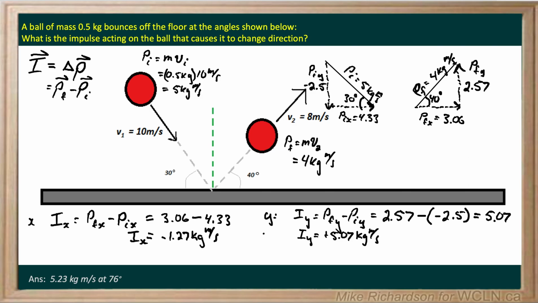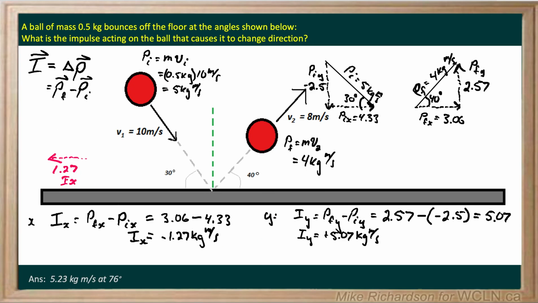Now, once we have the components with the component method, the last step's always the same. We put our components together tip to tail, and then we find the overall resultant, or the hypotenuse. So I'll do that in pink so we can see it clearly on the left. The x component of my final impulse is 1.27 to the left because it's negative, so it looks like this. So that's Ix.